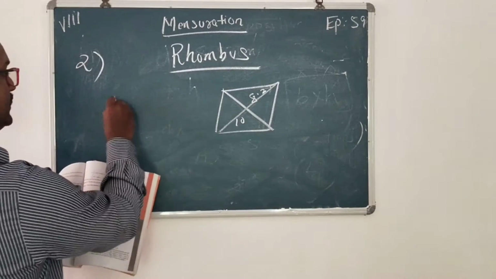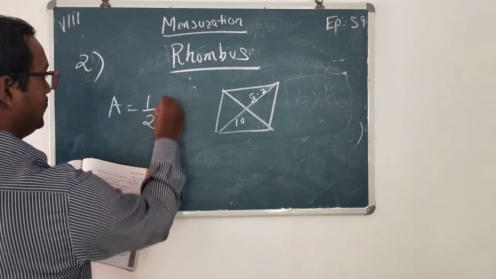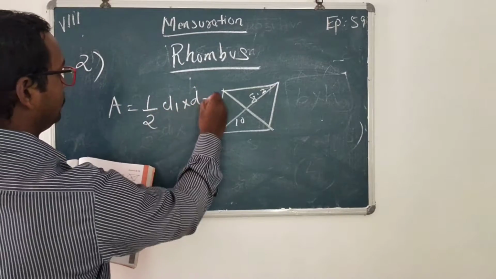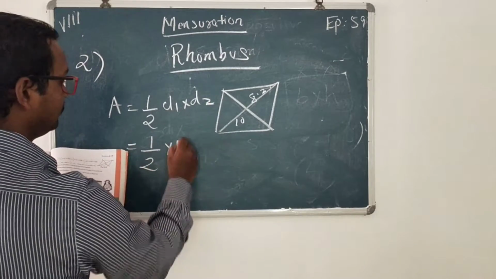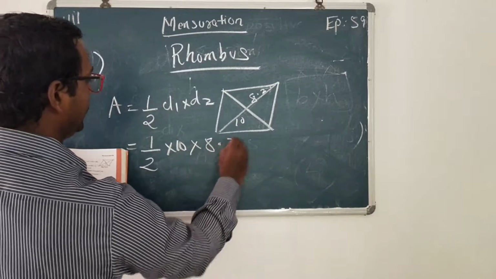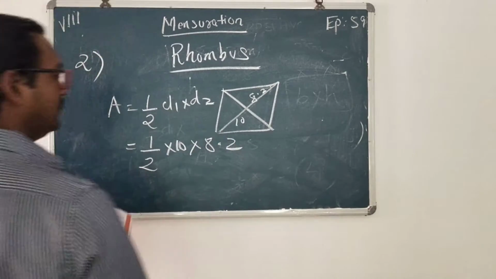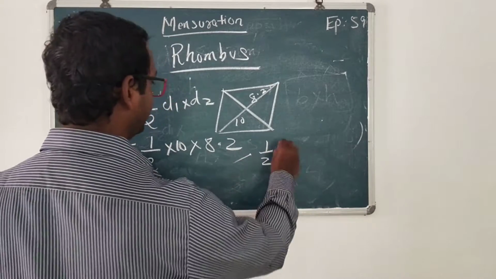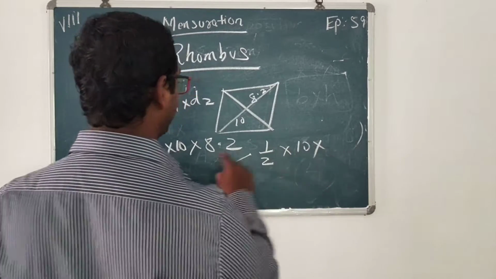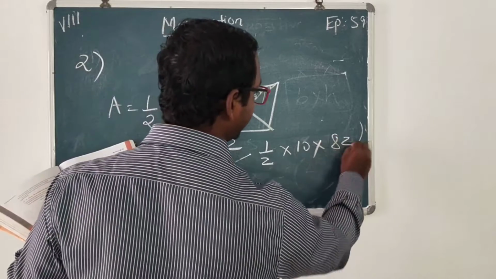So we have to find the area using the diagonals. Then we have to use this formula, half d1 into d2. d1 is 10, d2 is 8.2. While solving, we write half into 10 into 8.2 as 82 by 10.